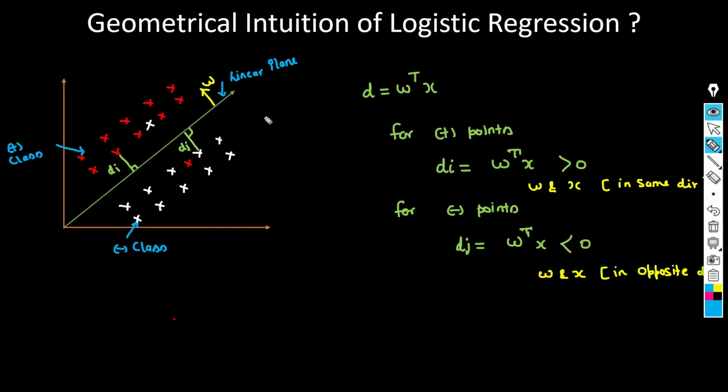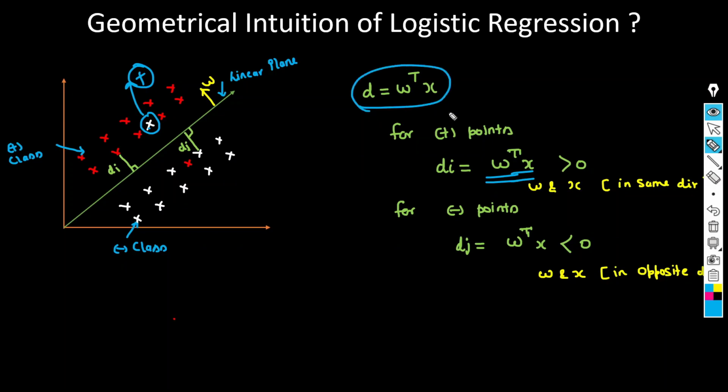But still we are not able to classify the points correctly. Let this be a negative point, and if we use this particular formula, the direction would be positive, so it will be classified as a positive point. In that case we will not be able to use this formula correctly.